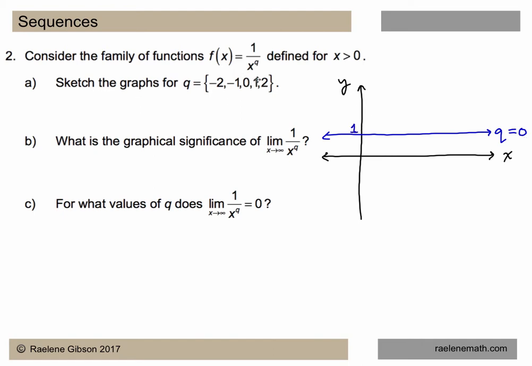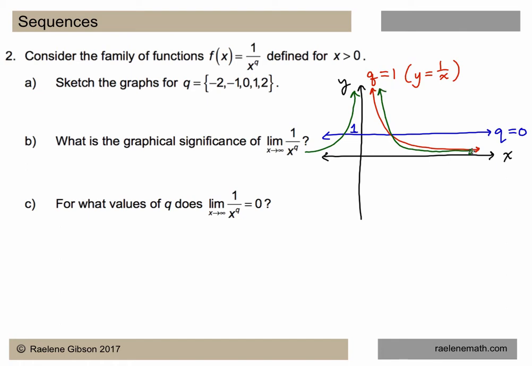And then if we take q is equal to 1, we get 1 over x to the 1, which is the 1 over x, or reciprocal function. And so I'm going to label that with a q value equal to 1, which is the function y equals 1 over x. And then if q is equal to 2, we get the reciprocal square function, which would be here in quadrant 1.